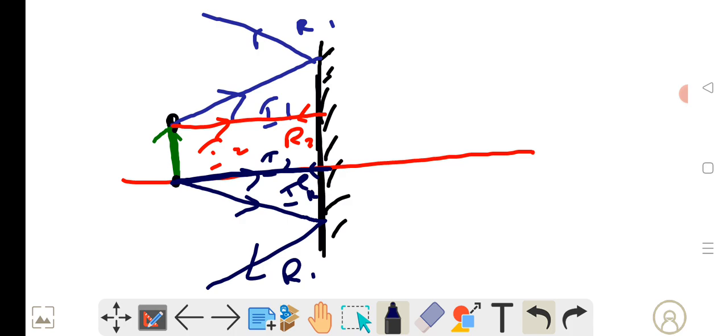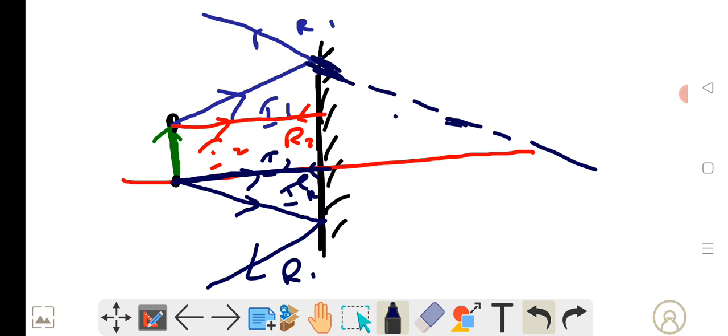Okay, now see here, you can extend it. They cannot converge, means they don't meet in front of the mirror, really they don't meet. That's why we are trying to extend them. So just extend R1. R1 is extended.